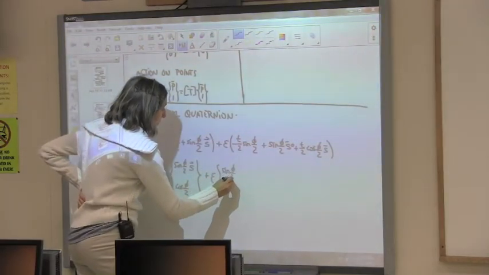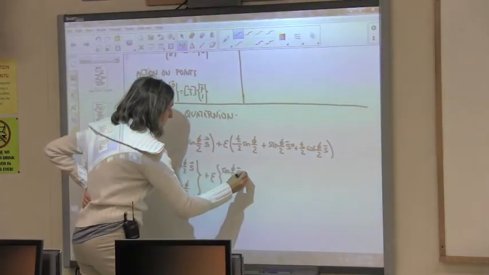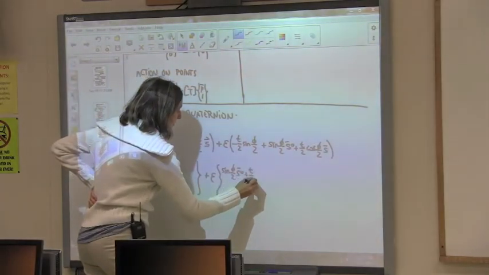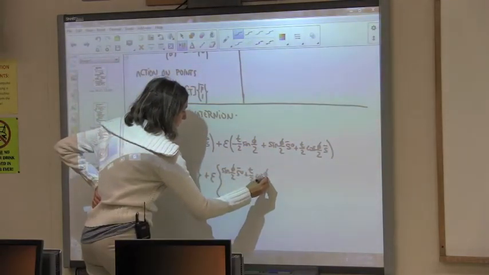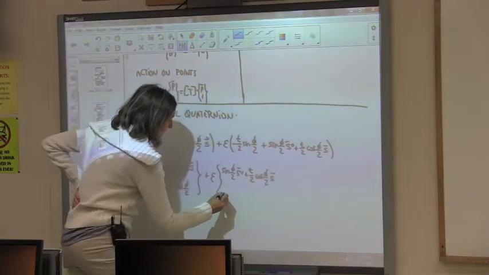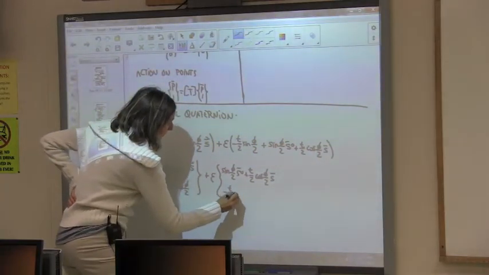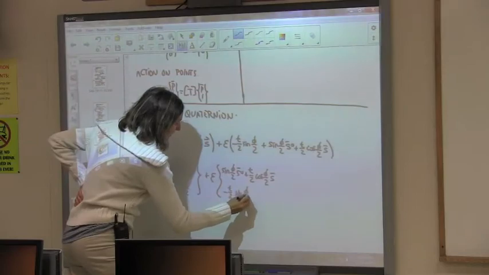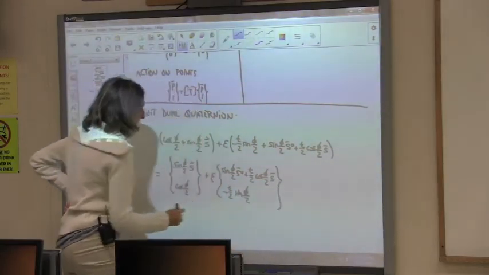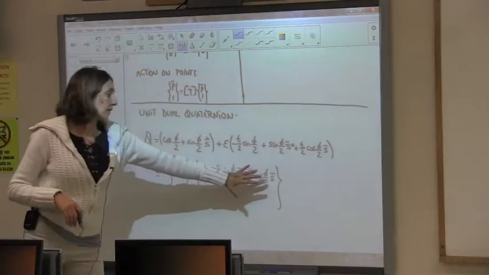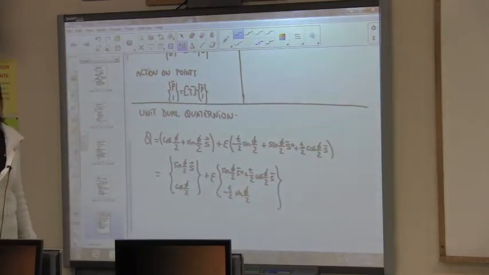Sine phi over 2 S0 plus t over 2 cosine phi over 2 S, minus t over 2 sine phi divided by 2. Alright. This is the way that we will usually express our displacement.